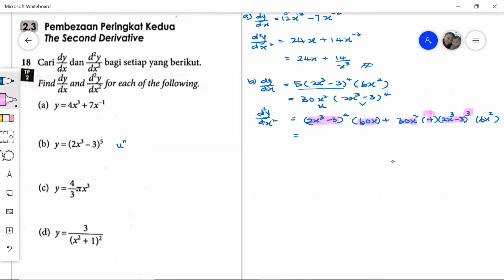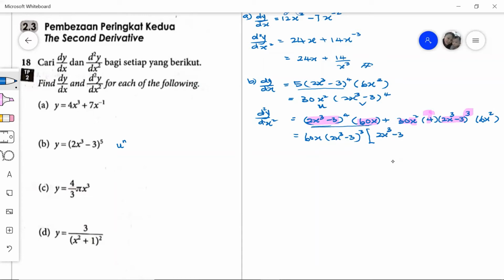All right, so let's factorize 60x, 2x cubed minus 3 raised to the power of 3. Now the first term, 60x taken out, 2x cubed minus 3, power 3 taken out, left with 2x cubed minus 3. So this is the first term.